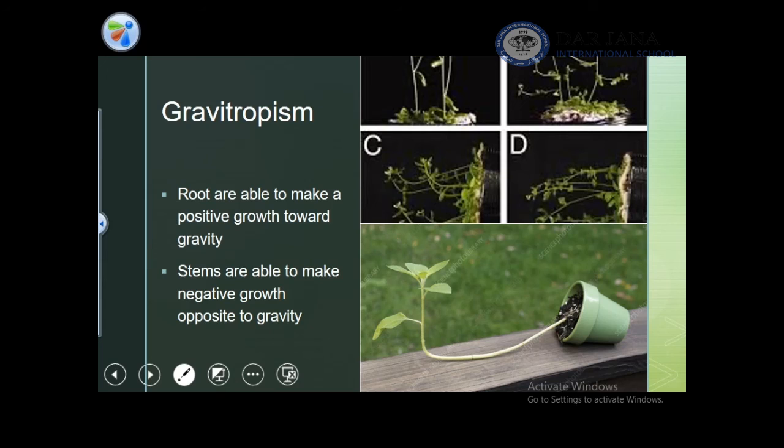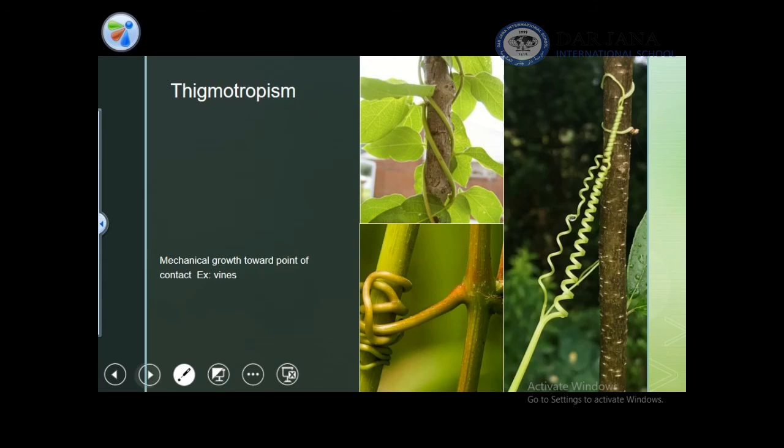The third response is called the thigmotropism, and I'll give you an example of it. Whenever a plant touches a support or a point of contact, it will start surrounding this point of contact and growing on it. Mostly this type of tropism is found in plants that are flexible and weak. They have a tall and weak stem, so they don't have a support.